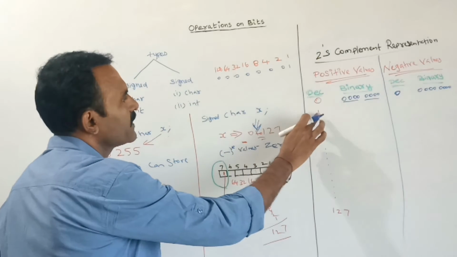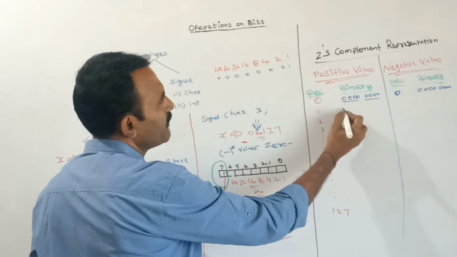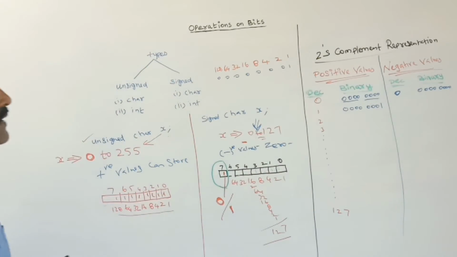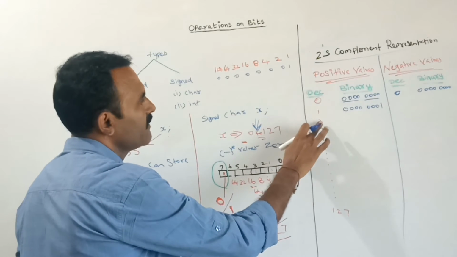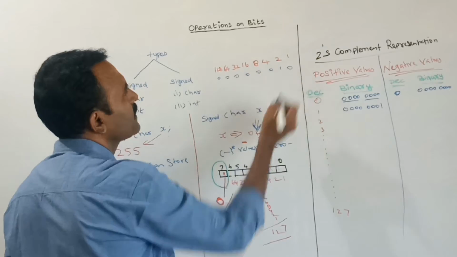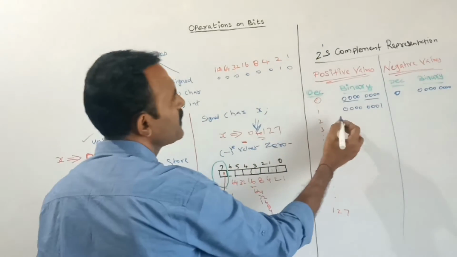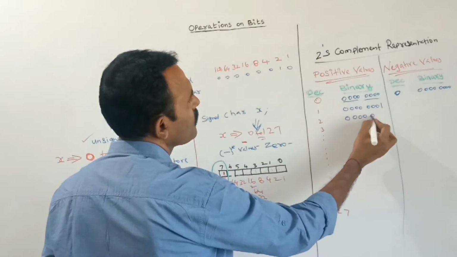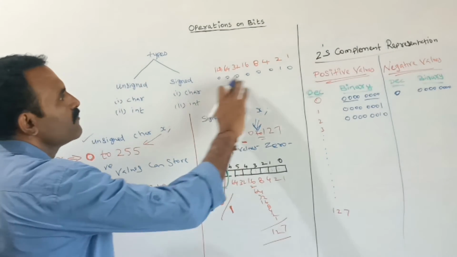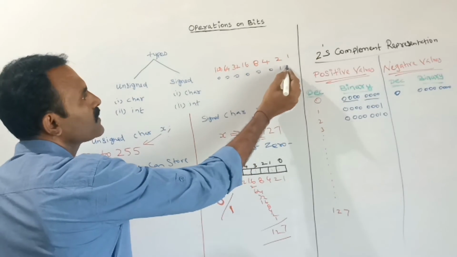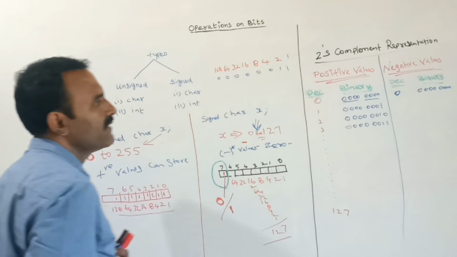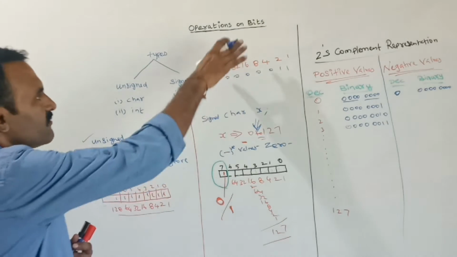Suppose you take the binary value of 2, then here 1, here 0. This is the binary value of 2. Suppose you want the binary value of 3, here 2 plus 1 is 3. So this is the binary value of 3. See, in this way we can find the binary value.